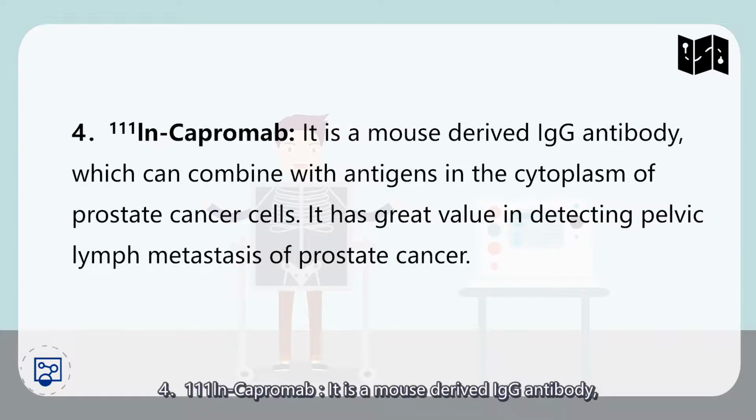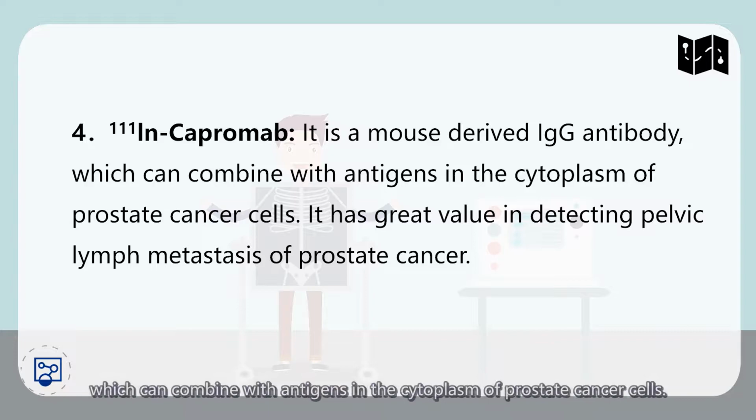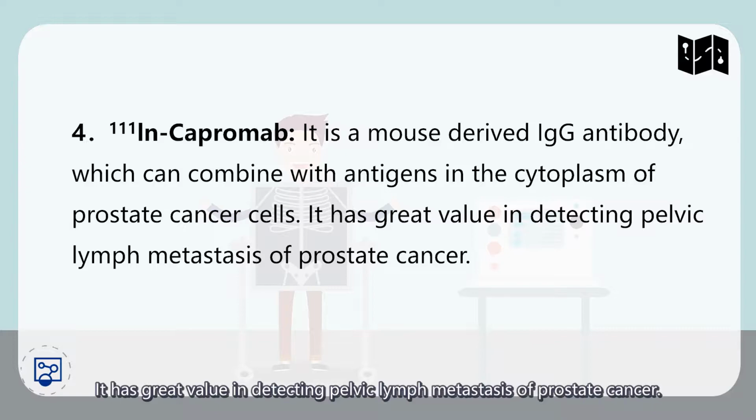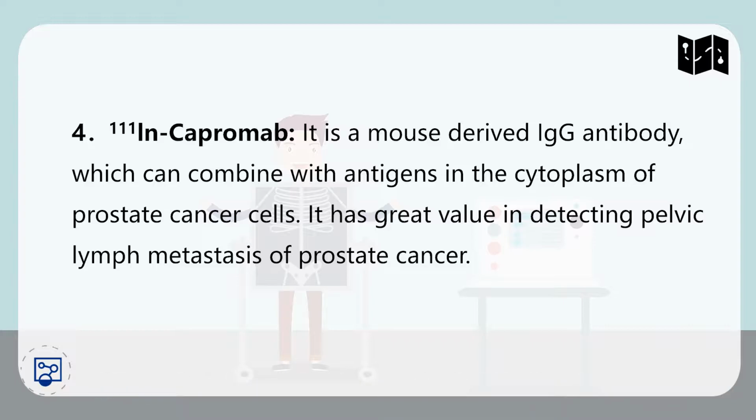And the last, indium-111 labeled capromab. It is a mouse-derived IgG antibody which can combine with antigens in the cytoplasm of prostate cancer cells. It has great value in detecting pelvic lymph node metastasis of prostate cancer.